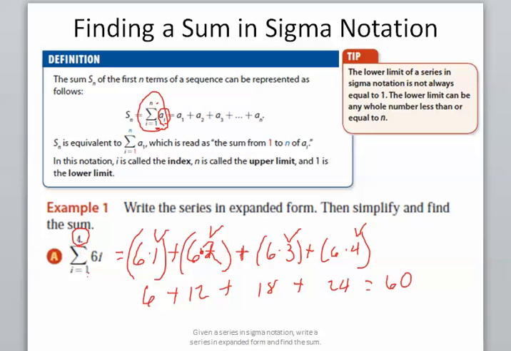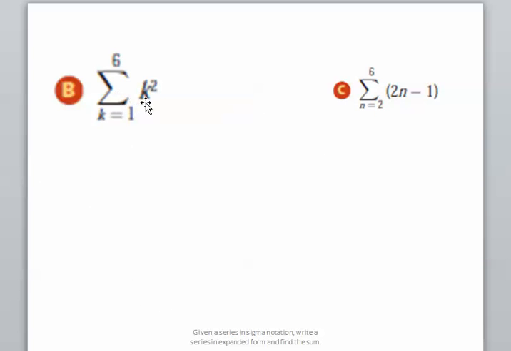Maybe another example will help. Here we've got a sigma notation. It says the sum, and you see how I read that, the sum of k equaling 1 to 6 of k squared.